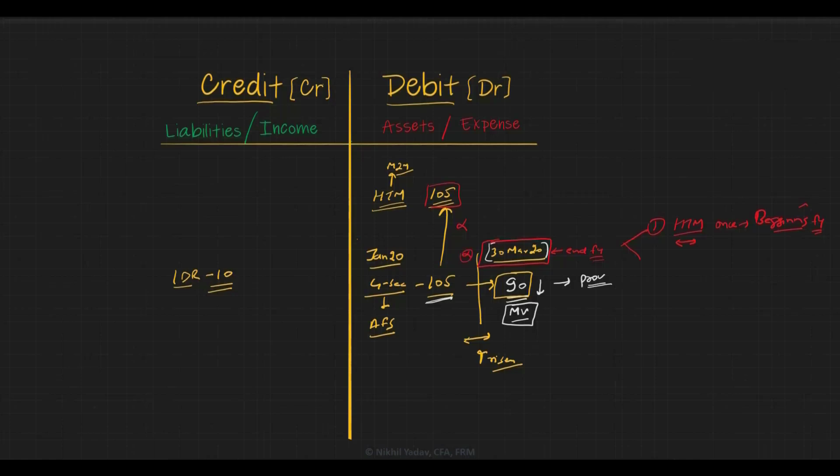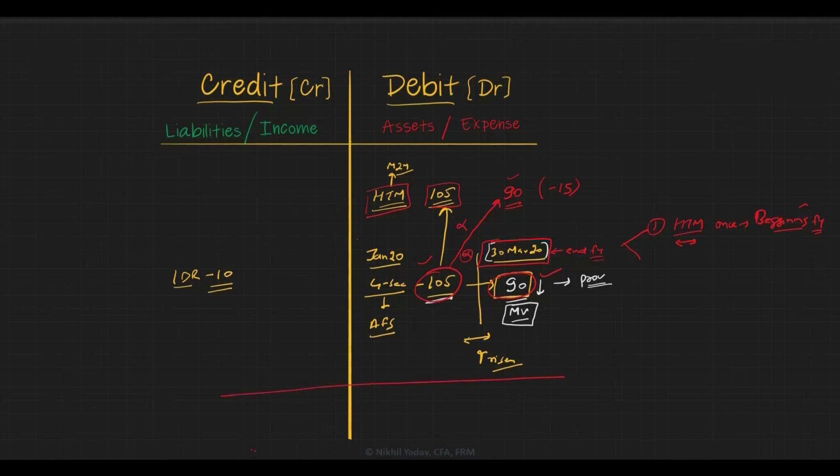Second, even if it were the beginning of the year, the shifting will happen at the lower of these two values, which is 90. So we'll be shifting this 105 security to the HTM category at the book value of 90. That is, we are reducing the book value from 105 to 90, which is minus 15.